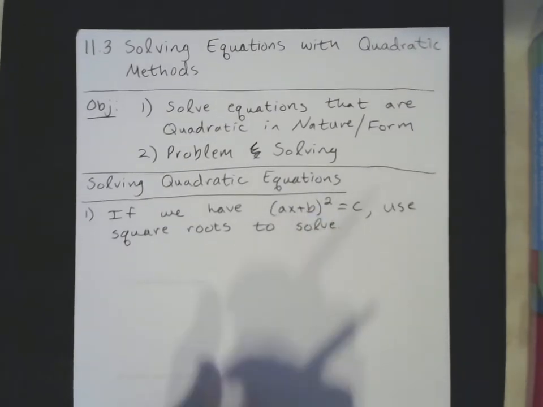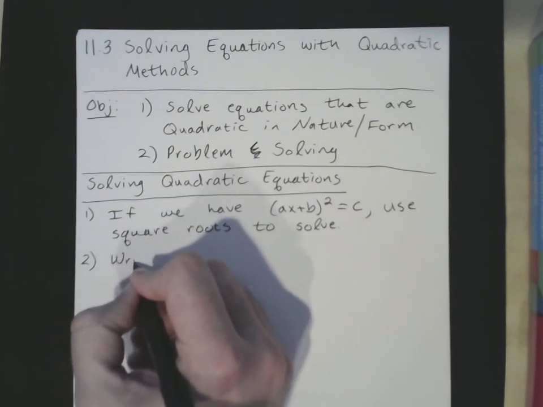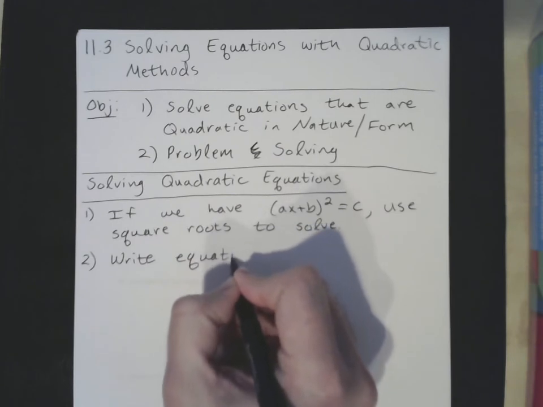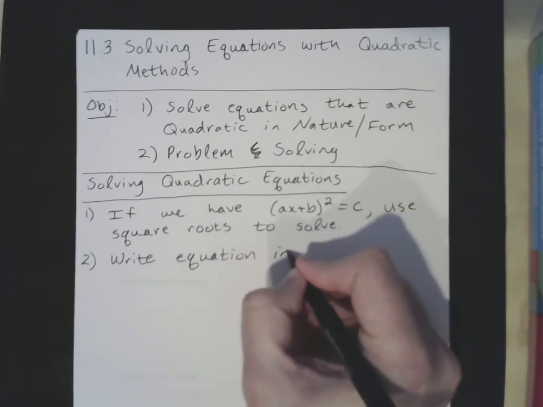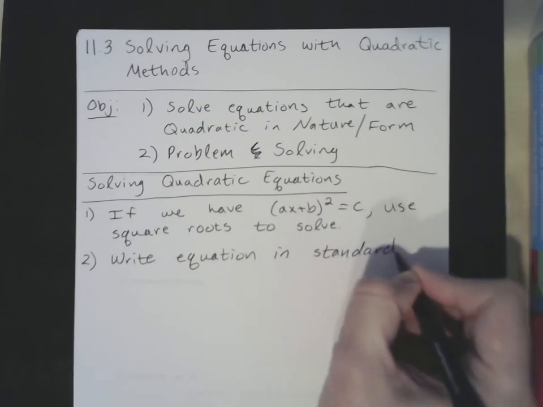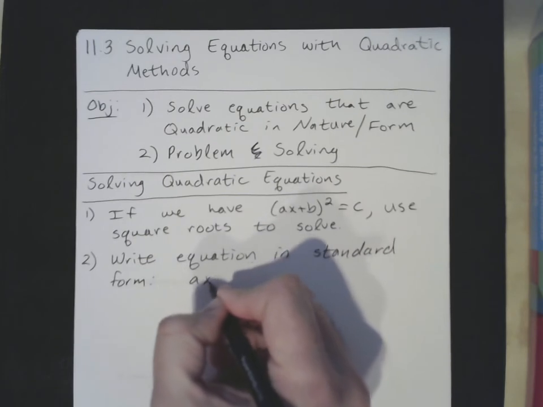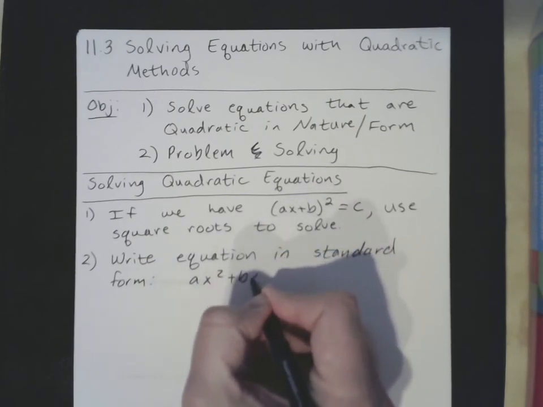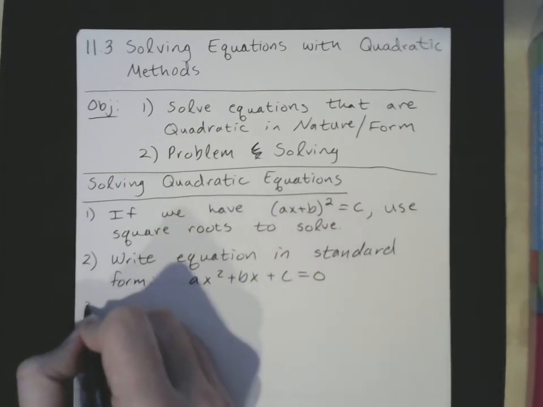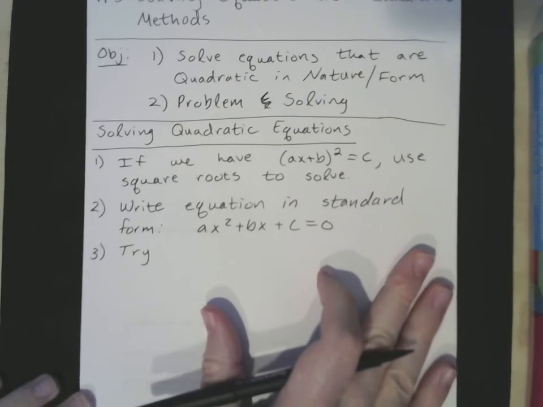If we don't have this form, then we make sure that we write the equation in standard form. Remember, standard form is ax squared plus bx plus c equals 0. And then we should always start by trying to factor.